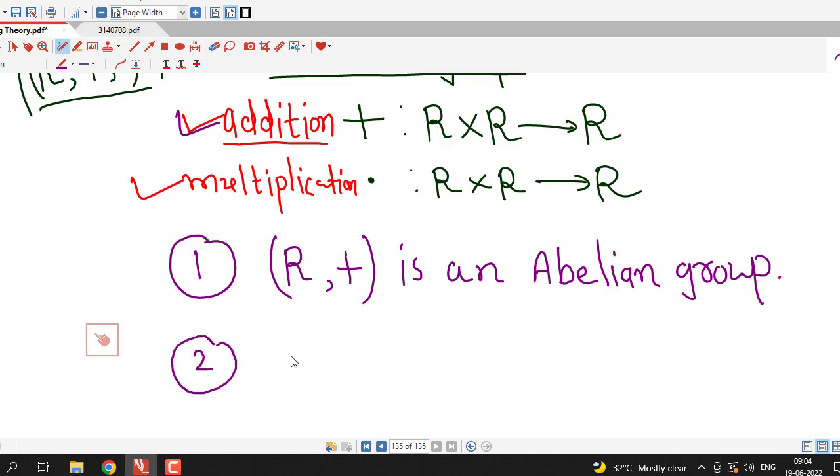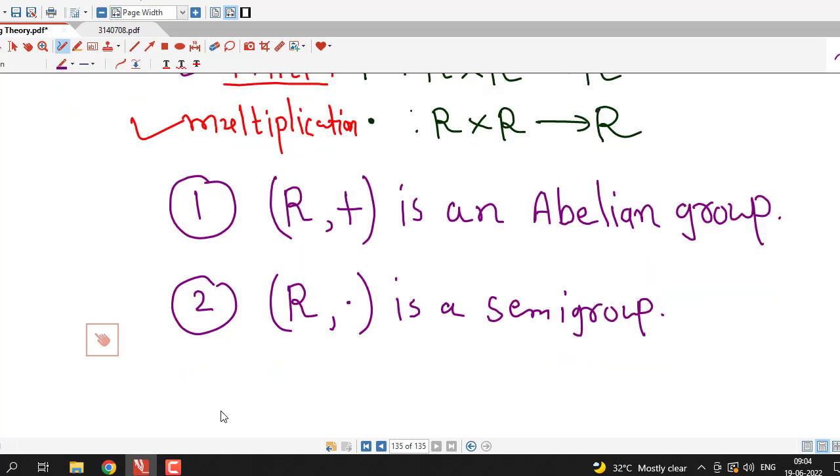The second condition is that R with the operation of multiplication is a semigroup. The third requirement is the distributive property.